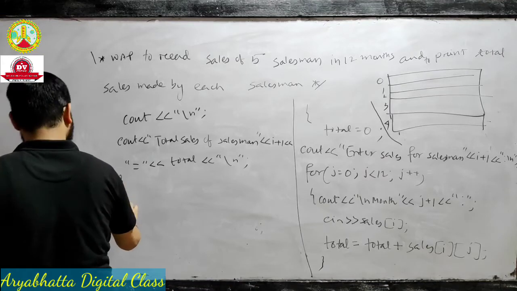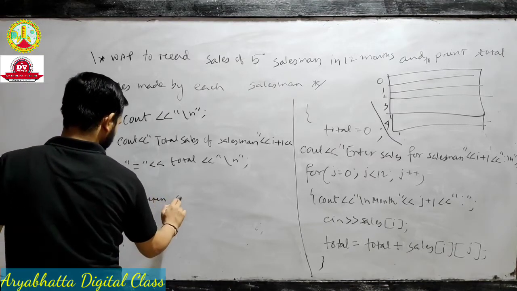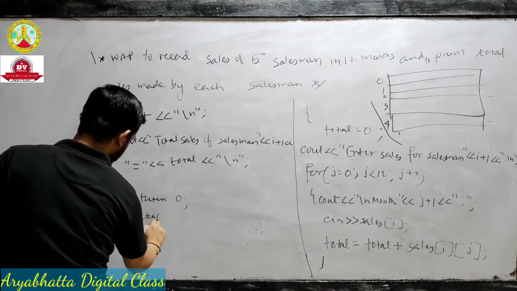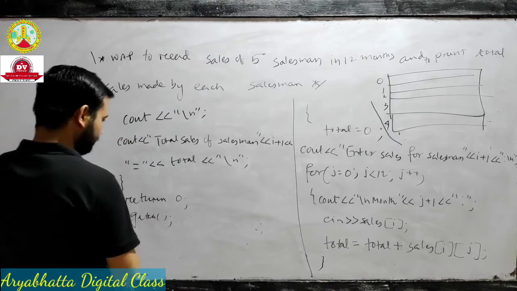Then return 0 and getch. Okay, complete.